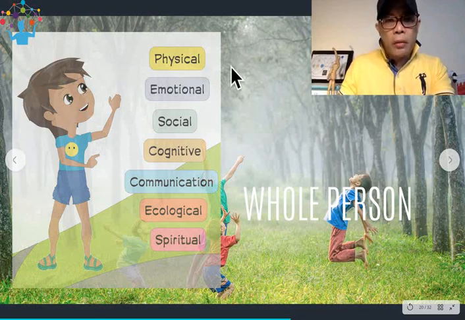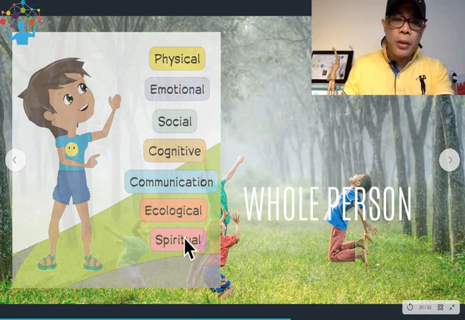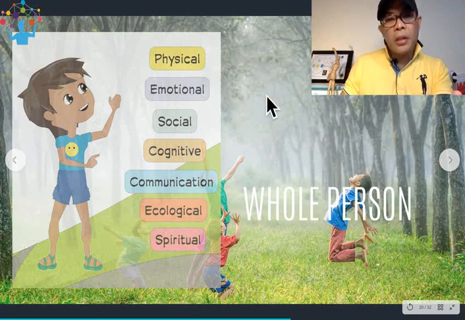Am I responding to the physical needs of children? Am I responding to the emotional needs of children? Am I responding to the social needs of children? Am I responding to cognitive, communication, ecological, and spiritual needs? Are the children growing positively and productively in terms of physical, emotional, social, cognitive, communication, ecological, spiritual?